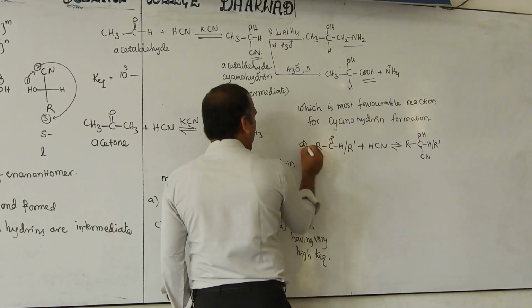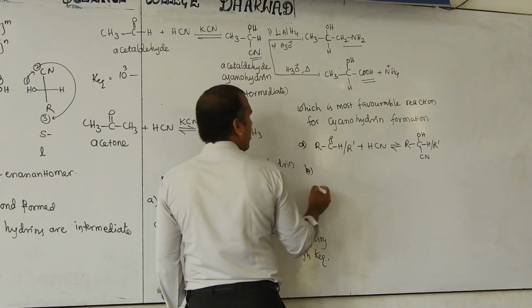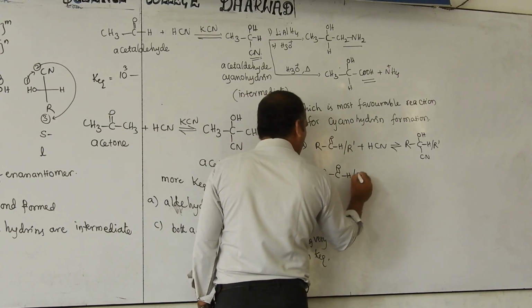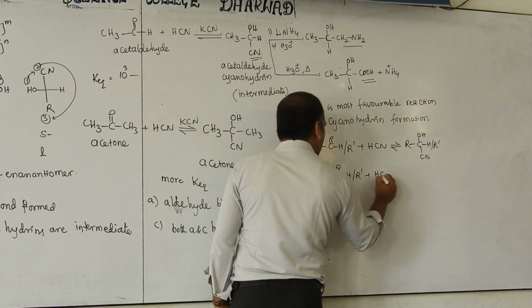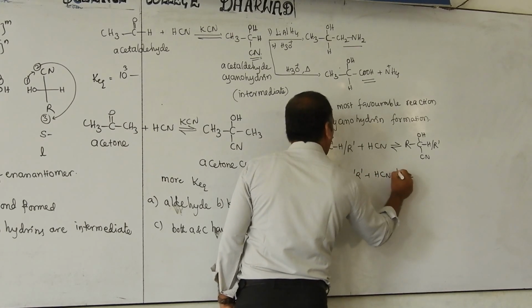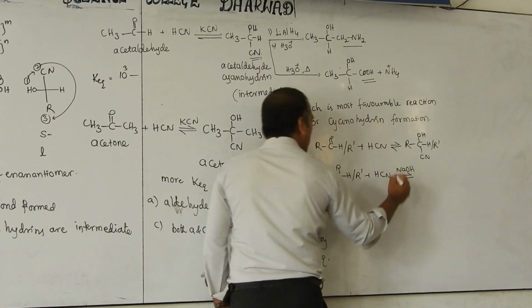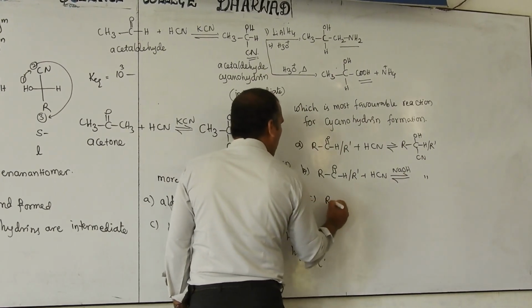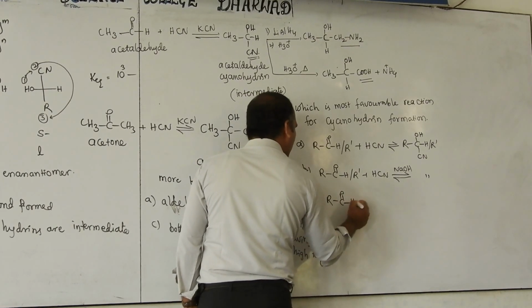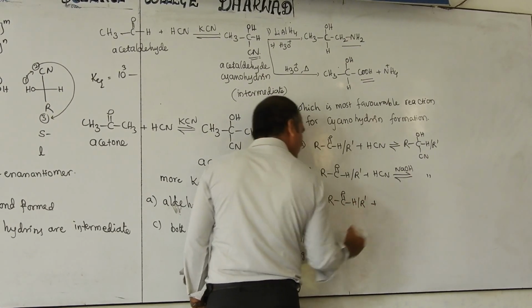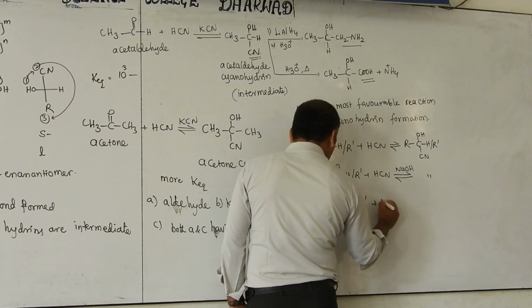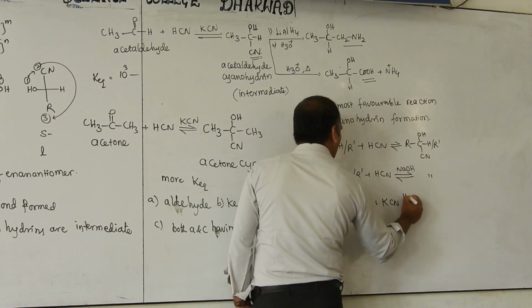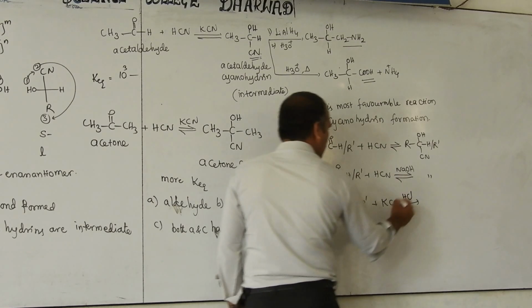Second, option B: RC double bond O, H or R dash plus HCN, then here I am giving NaOH. It forms the same product. Option C: RC double bond O, H or R dash plus KCN along with the acid HCl.